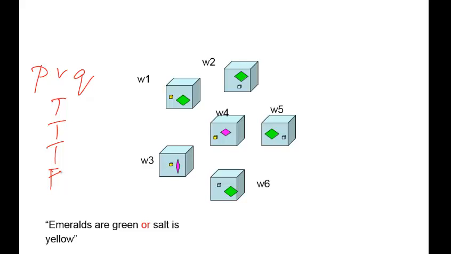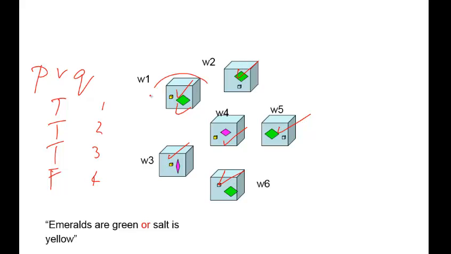Well, no, because what have we got here? We've got emeralds are green here, here, here, and here. We've got salt is yellow here, here, here. So it looks like our worlds are falling into case 1, 2, 3, but not 4.